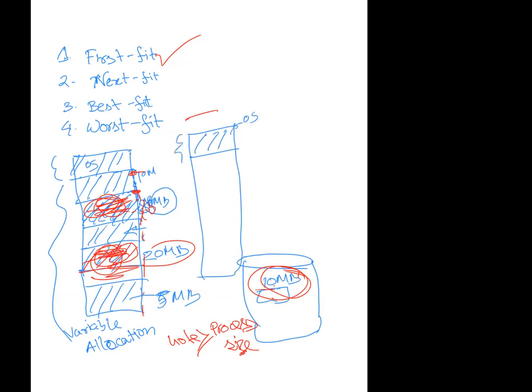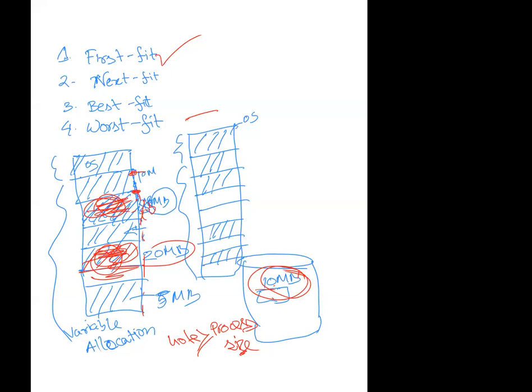This is space for the OS, and this is for user space. Here is one process already there, and here is also a process. Here is free space, and here is also another process. It's like this. What next fit does is similar to the first fit algorithm.